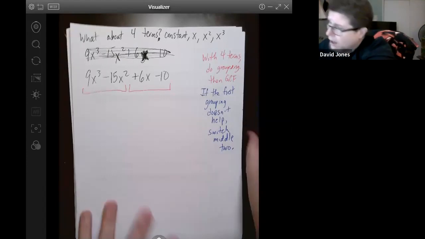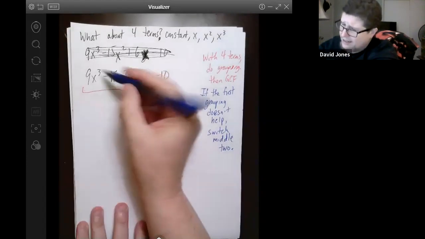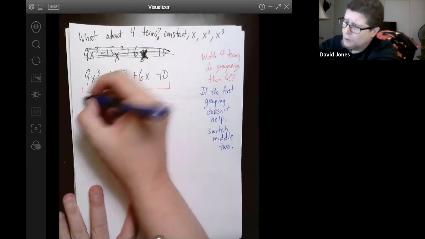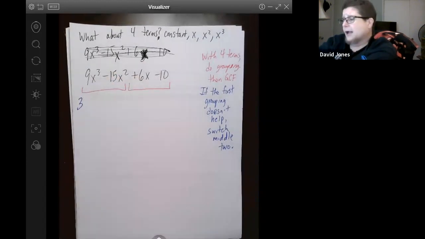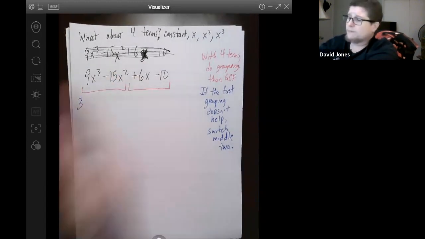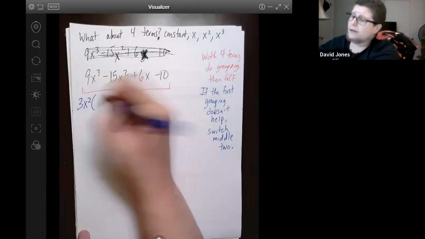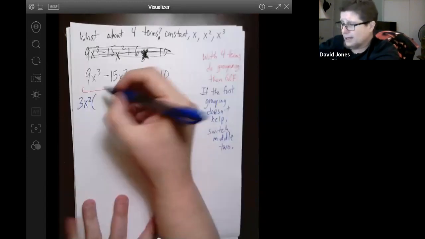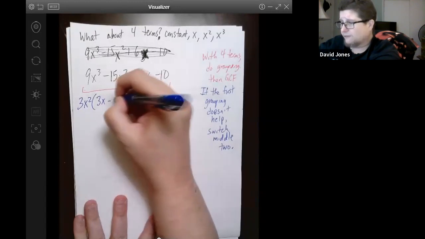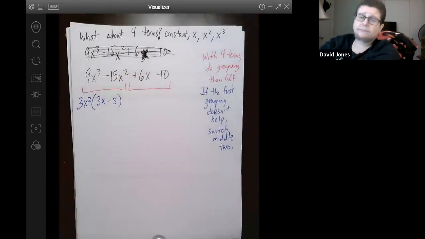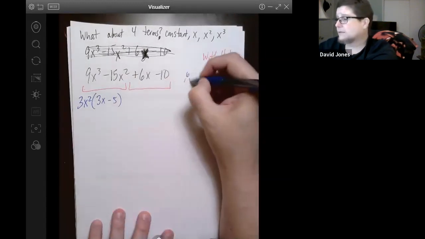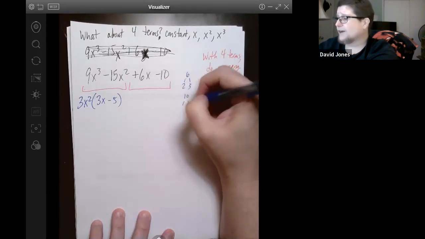Okay. If you did this, 9 and 15 are both divisible by 3. And x squared is the lowest exponent, so we'll pull out an x squared. This should leave behind a 3x and a negative 5. And both 6 and 10, 6 is 2 times 3. 10 is 2 times 5.